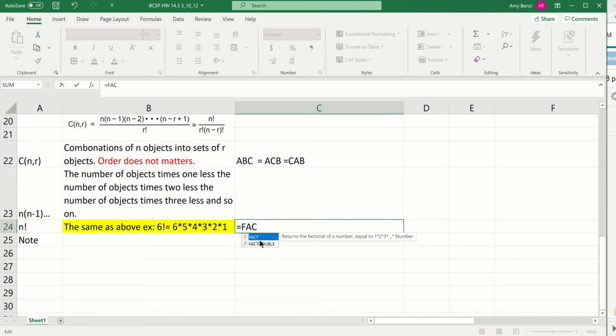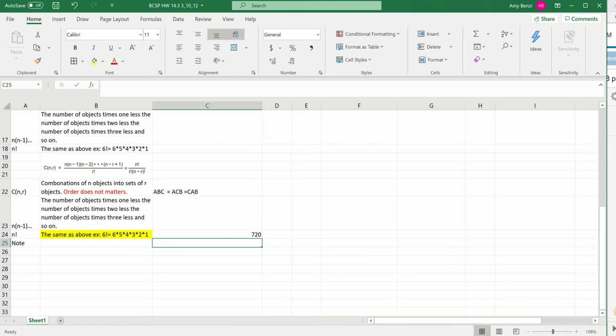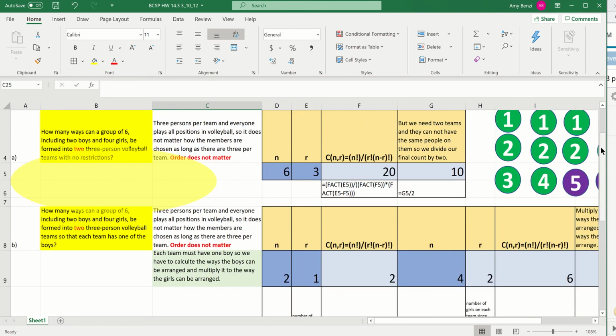FAC is all you need to type. Double click where it says fact there, and then type in 6 and press enter, and the answer to 6 factorial will show up there.